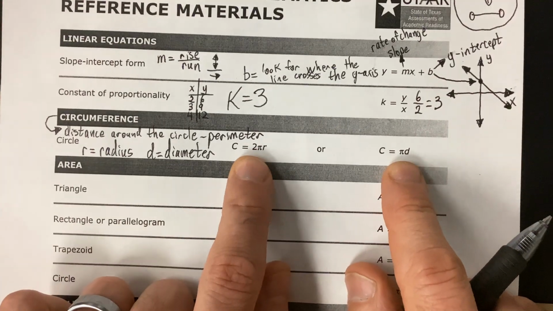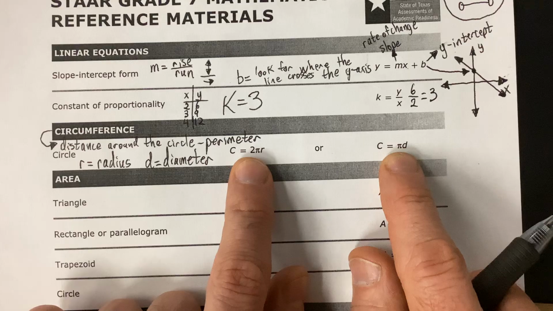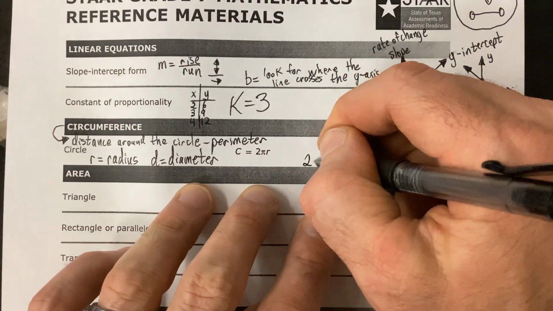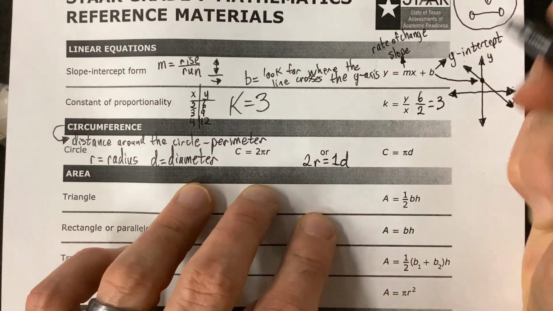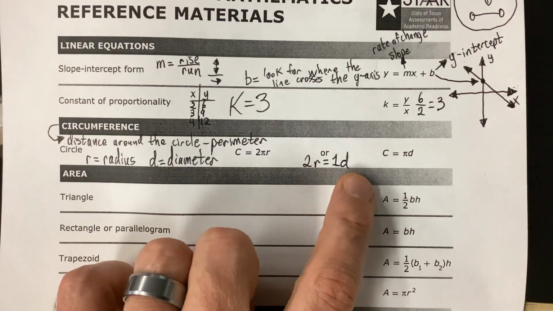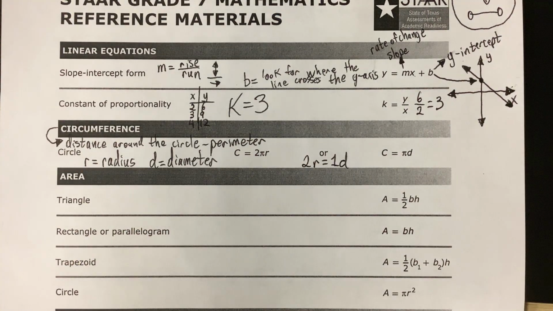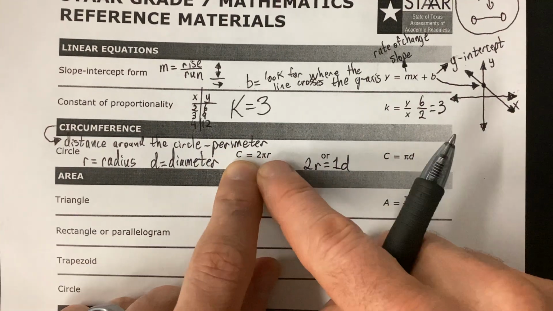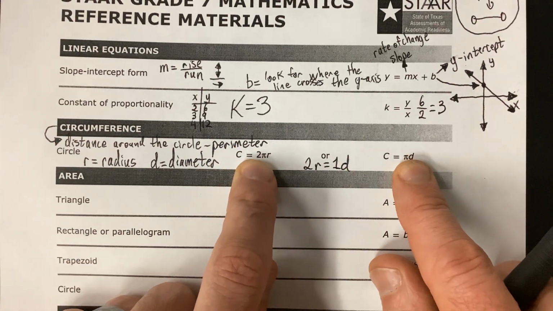Why are these two formulas the same formula? Exactly, because 2 R's equals 1 D. It takes 2 radii to make 1 diameter, because the radius only goes halfway. So that's why this and this are the same thing, because 2 R's is equal to 1 of these.